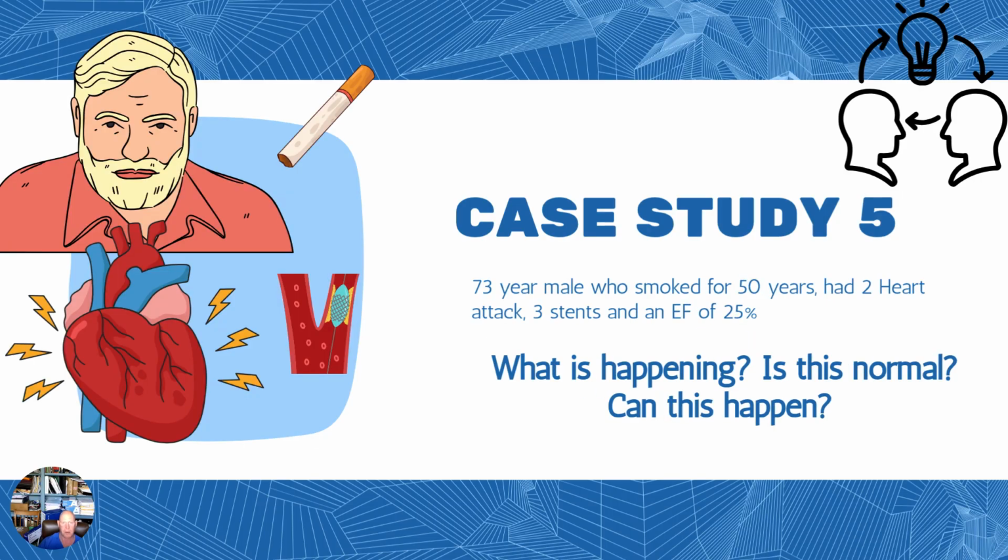The last case that we do, sometimes we do very, very sick patients with heart disease. This patient had an ejection fraction of 25%. Normal is 50 and above. Patient also had 3 stents in his heart and was a smoker for 50 years.